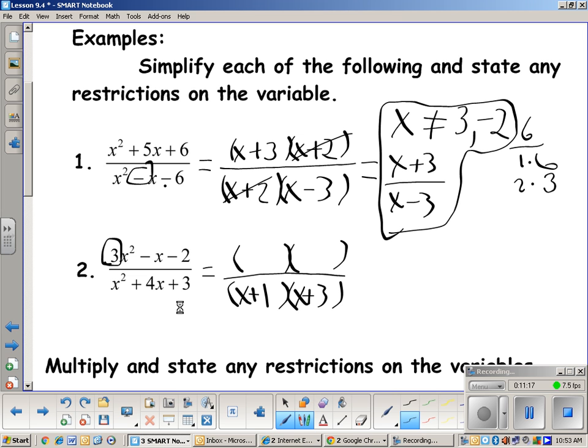So in this case, since 3 is prime, which means only 1 and itself are its factors, we know that we have to have something like this going down, right? And we know that our signs need to be different because we have a negative here and a negative here. So how do you think we might orient that?